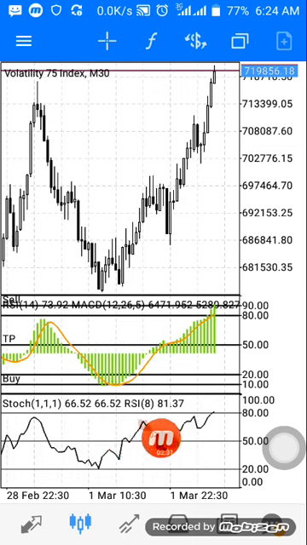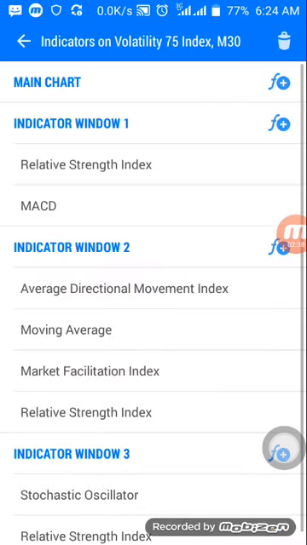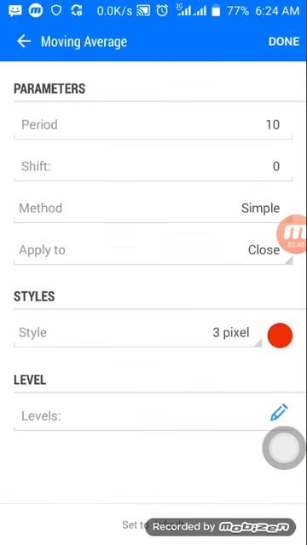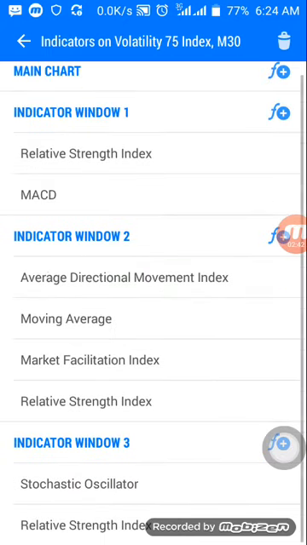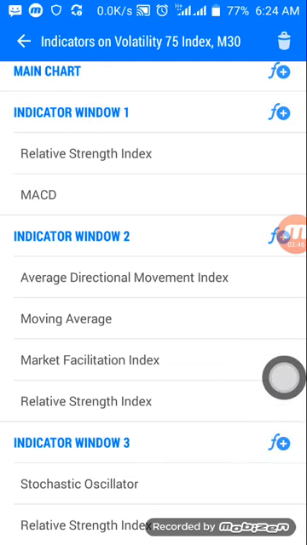What we're about to look at right now is window indicator 2. So go to your indicator button, sorry for that. But anyway, let us do it afresh.